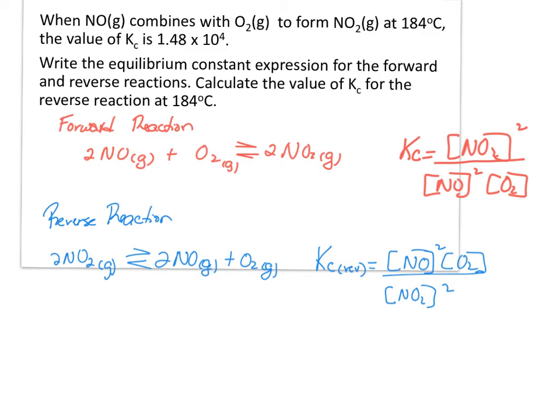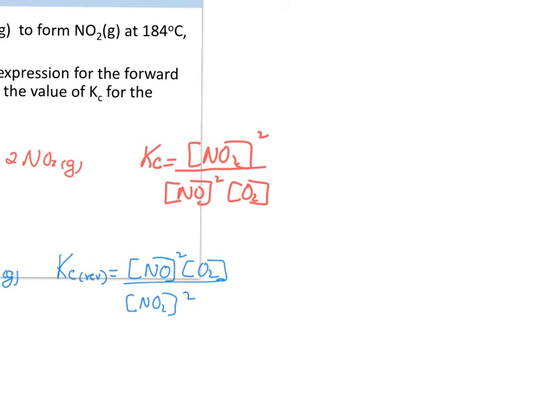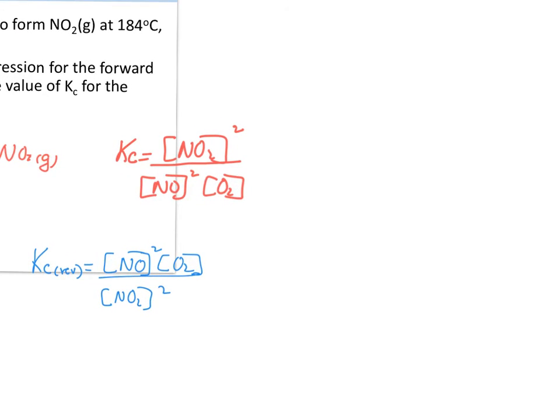And we can write down this relationship and relate both of the constants. Okay, I'm going to just work it out mathematically so you can see it. So in this statement, it is provided to us that the Kc for the forward reaction equals 1.48 times 10 to the 4, okay?